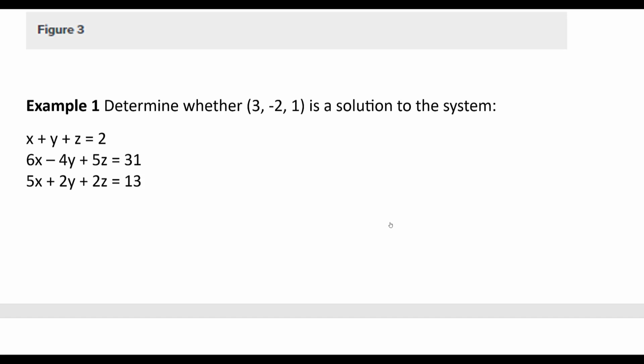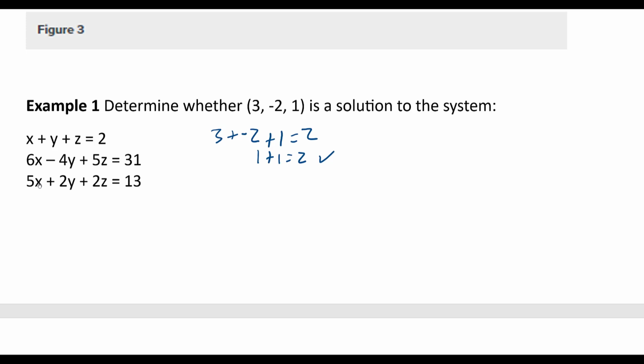Okay, so determine whether the point 3, -2, 1 is a solution to the system. So we put 3 for x, -2 for y, and 1 for z. We have 3 plus -2 plus 1. Is that going to be 2? So 3 plus -2 is 1. So 1 plus 1 is 2?